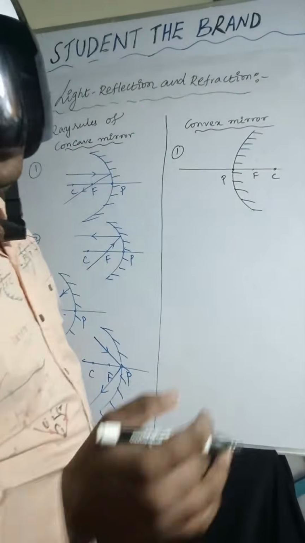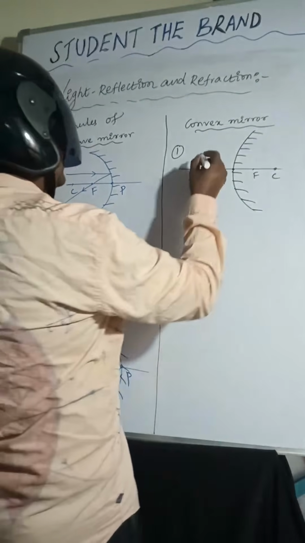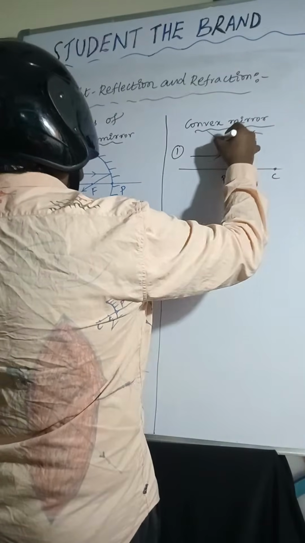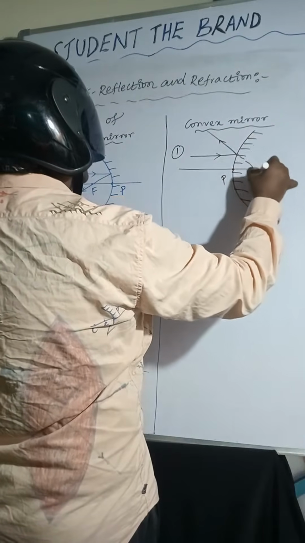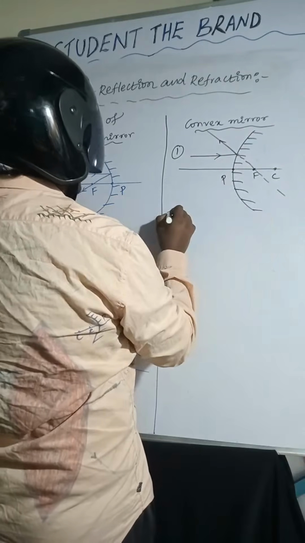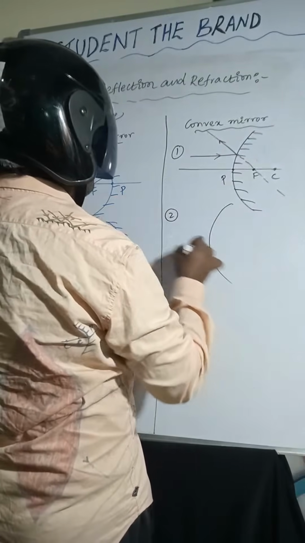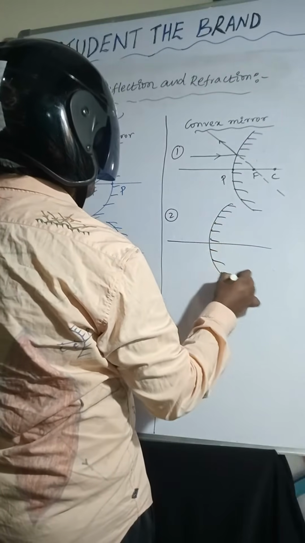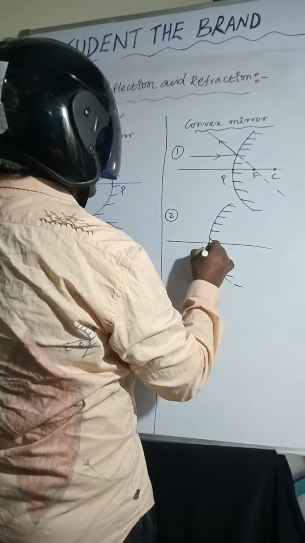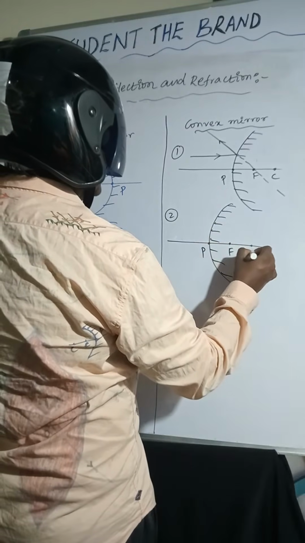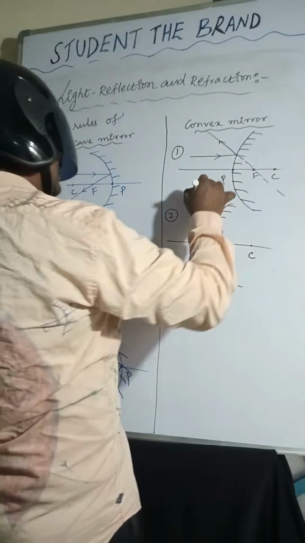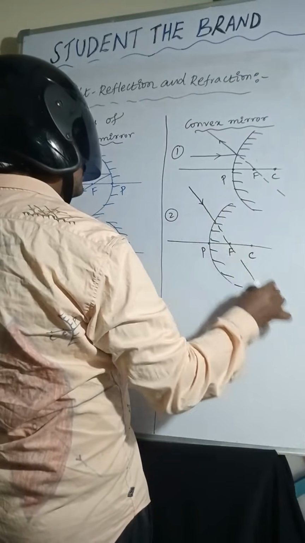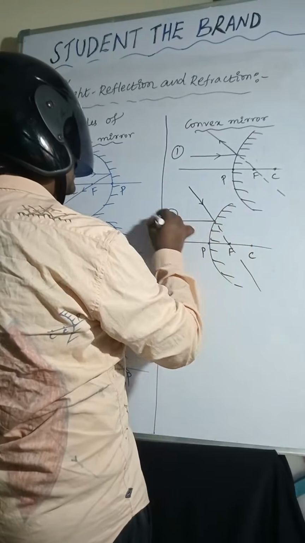One light ray is coming from infinity; after reflection the light ray passes through focus. Second one: pole, focus, center of curvature. Light ray is passing through focus, so it moves like this.